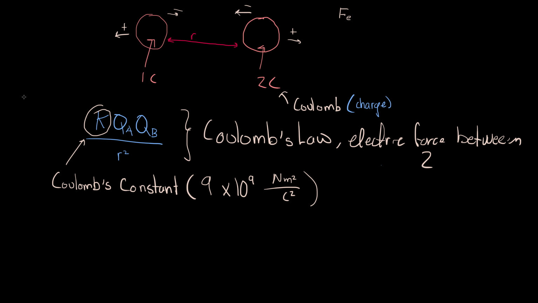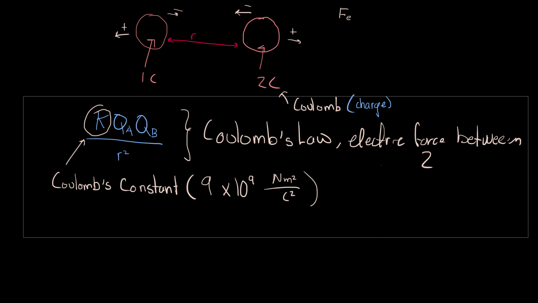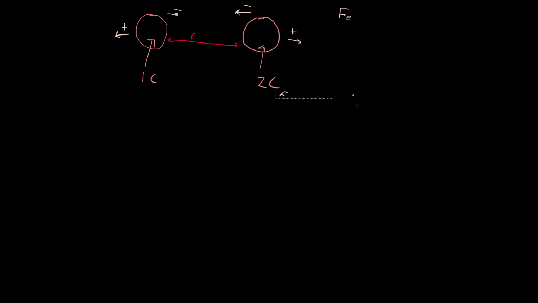So we have 1 Coulomb up here, we have 2 coulombs on this other particle. And so let's define the distance between them. Let's say that distance, R, is 4. Or no, we'll say it's 2 meters. So then we can plug all of this into Coulomb's law, and we can find the force.